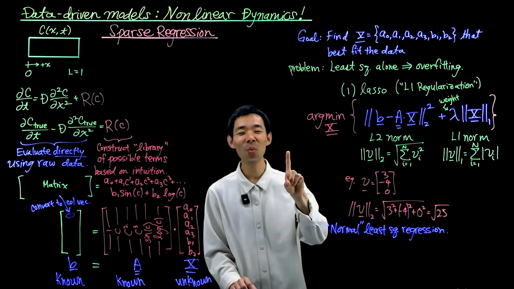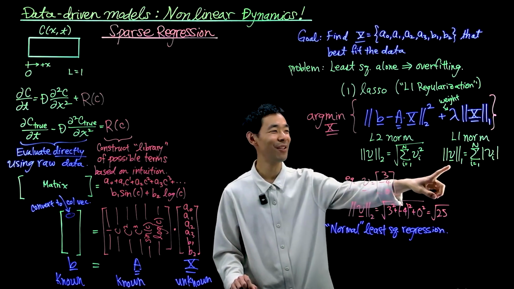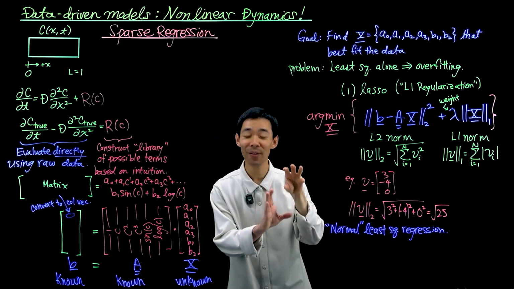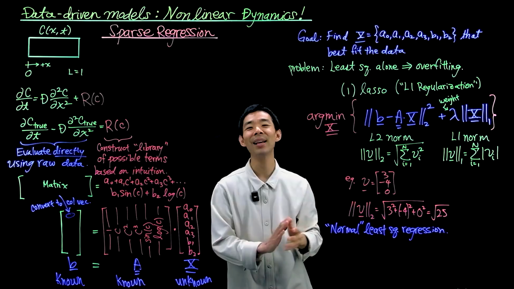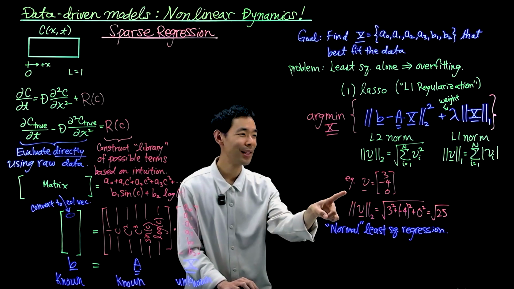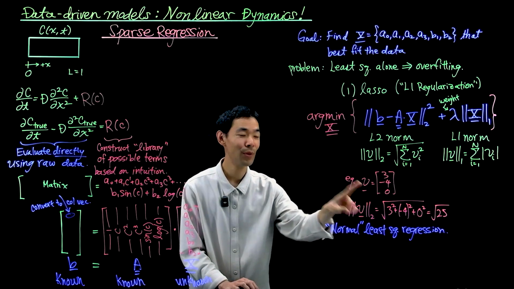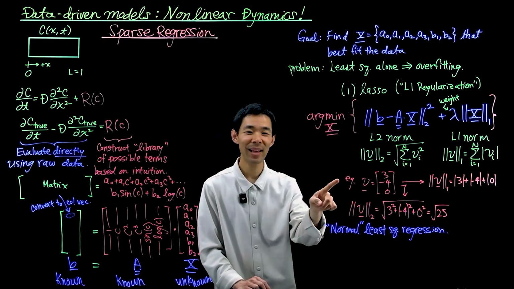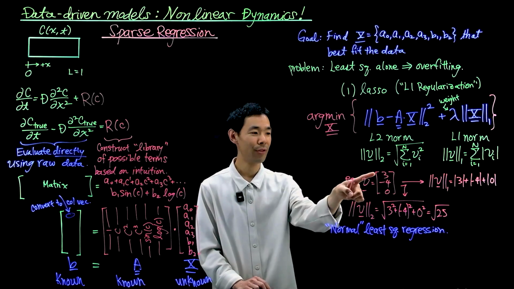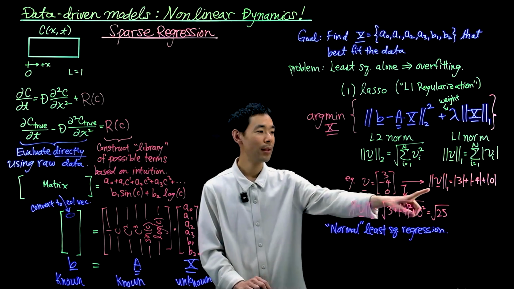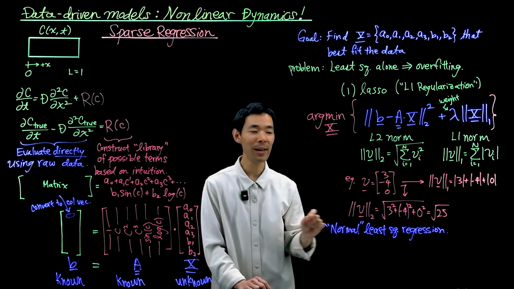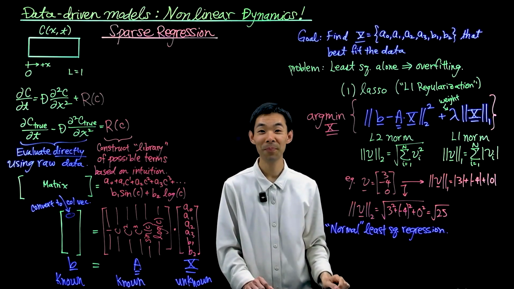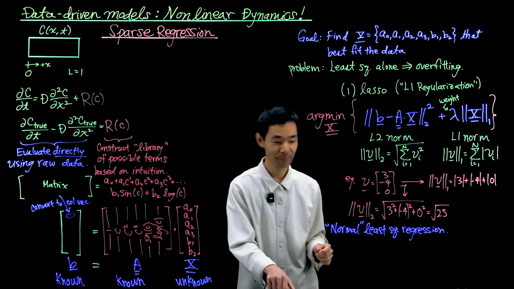And the L1 norm is simply defined as the sum of the absolute values of each of the entries inside that vector. Let's use the exact same example that we have here to show you what the L1 norm looks like. So using the exact same example vector of 3, -4, 0, it is the absolute value of 3 plus the absolute value of -4 plus the absolute value of 0, which in this case will just be 7.